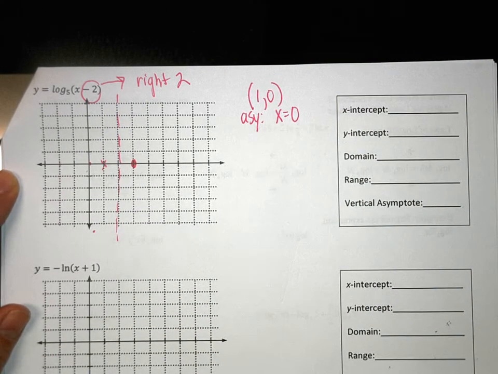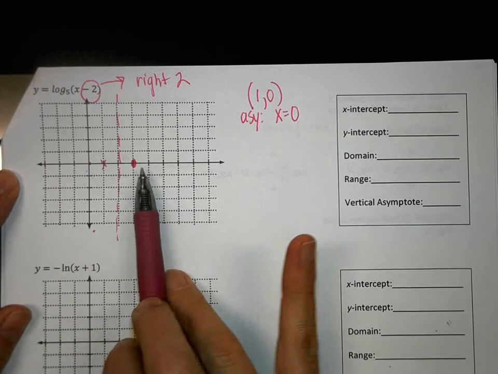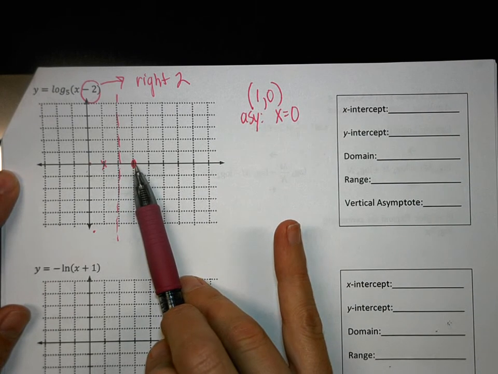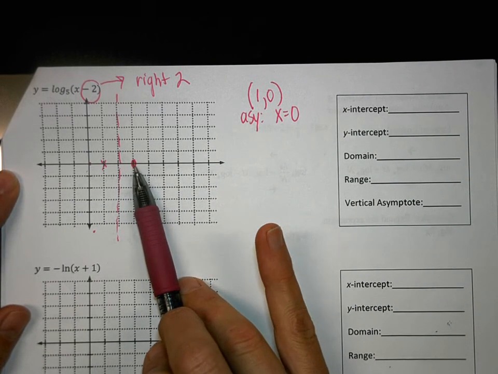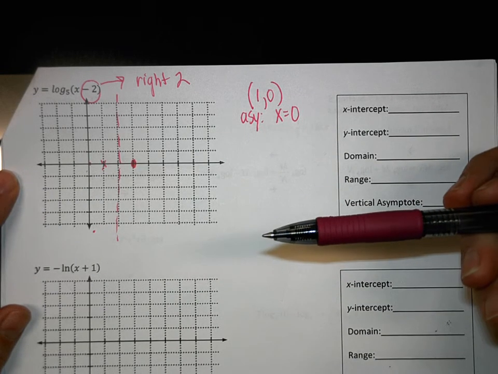What do you notice about this? Everything did go right 2. I notice here, because I didn't go up and down, do I already have my x-intercept? Yes. Now, could we find another point? We could.